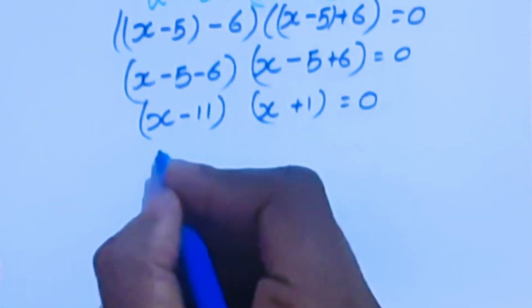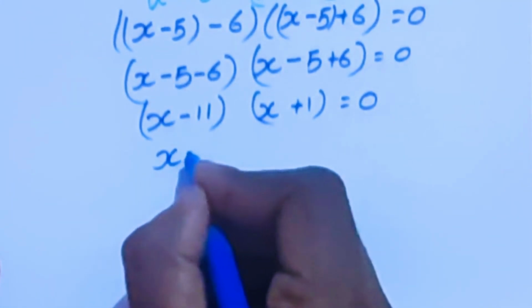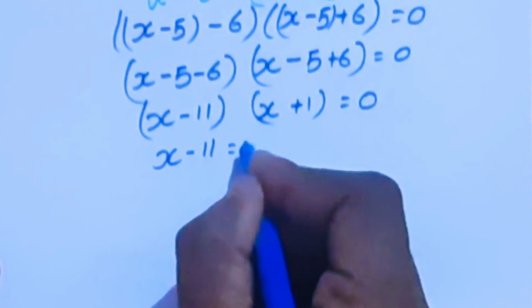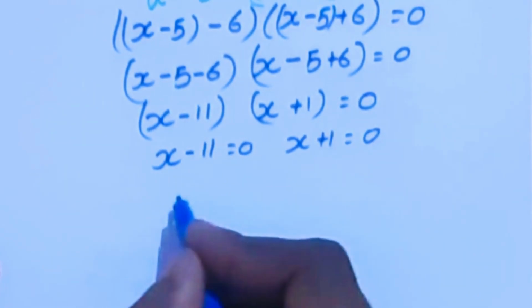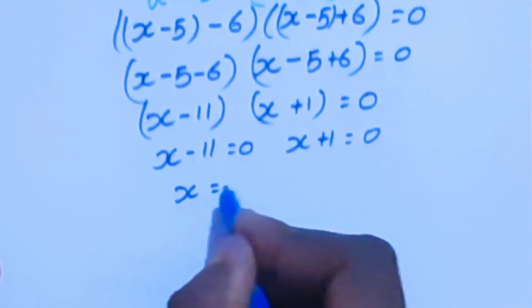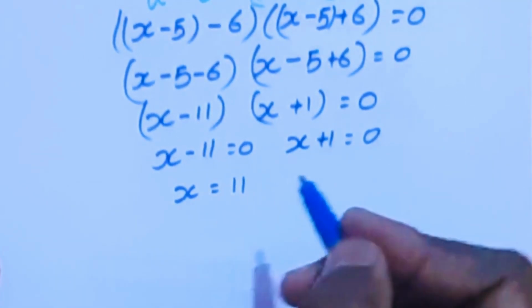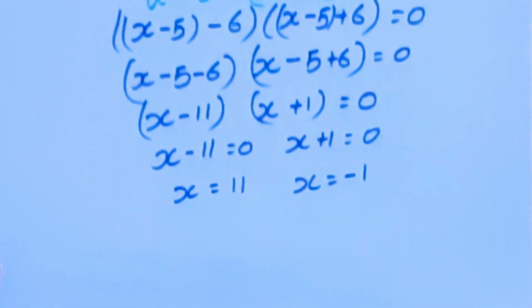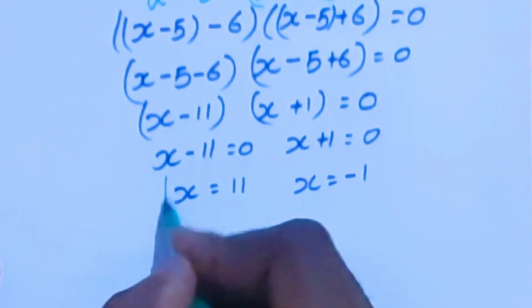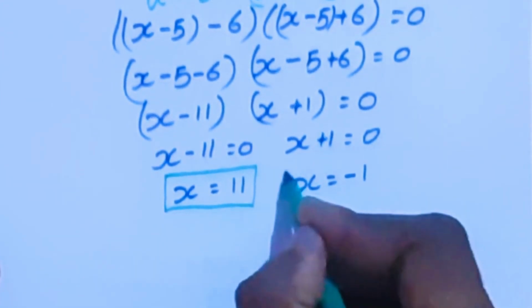Now same way we have two equations here. One is x minus 11 equal to 0, x plus 1 equal to 0. Now x equal to 11, and here x equal to minus 1. This is the possible answer in second method.